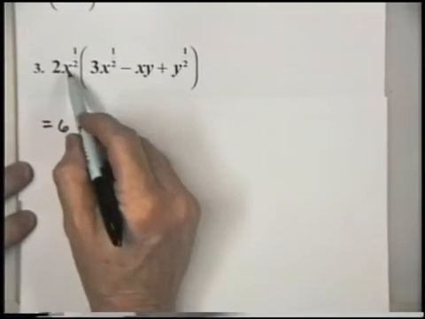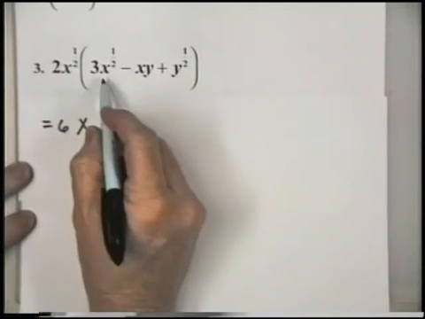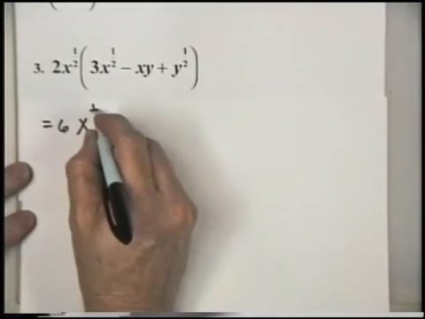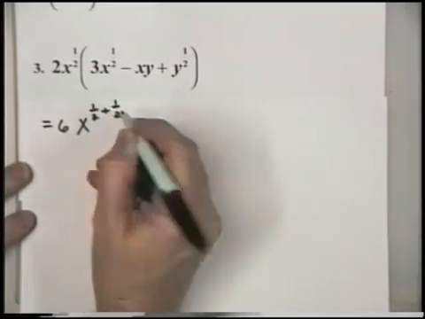So first I'd multiply 2 times 3 and I'd get 6. Here's x to the 1/2 times x to the 1/2.